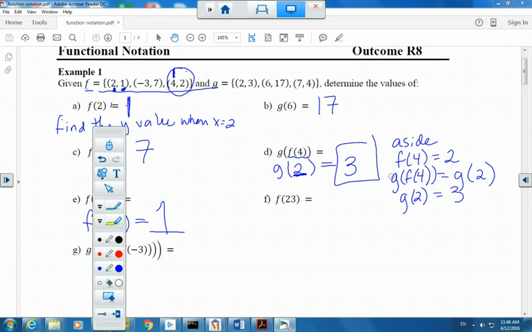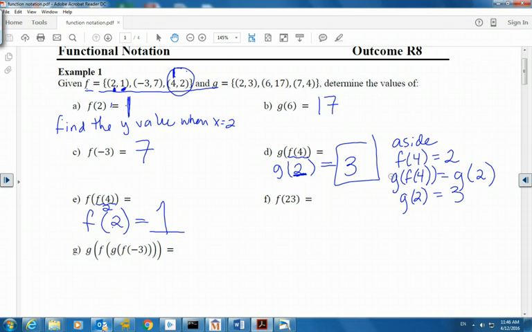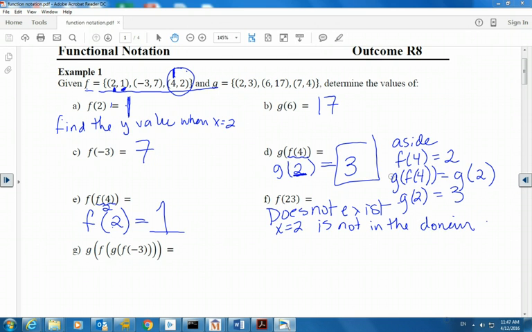So if I can't find it, what can I say? I say it's not in the domain, or it does not exist. And that's all fine. Does not exist. X equals 23 is not in the domain.